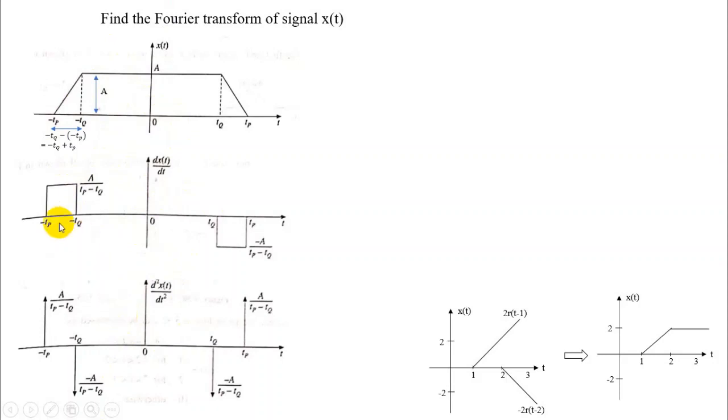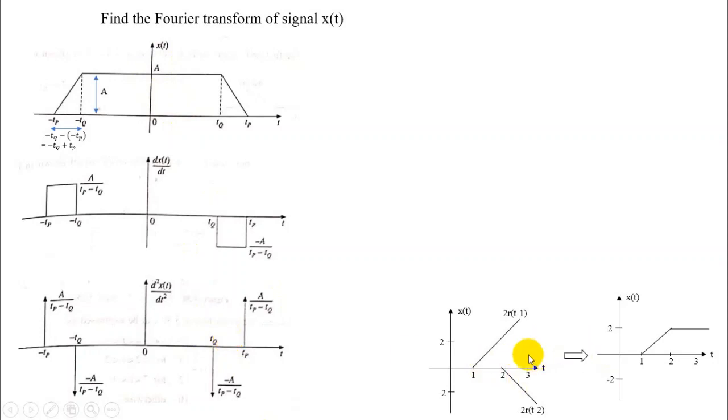In that case we know that the differentiation of the unit step gives an impulse. At that point there will be an impulse in the upward direction, and at that point an impulse in the downward direction. So after two times differentiation of that signal, this signal will be achieved.